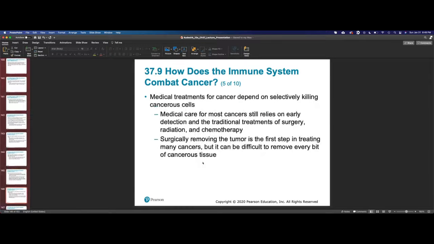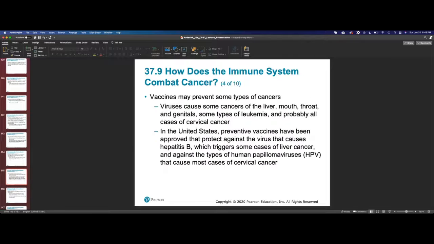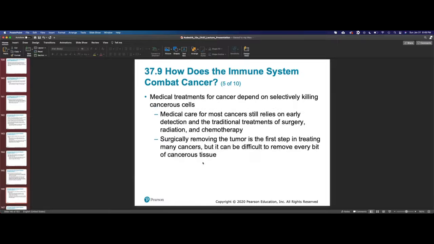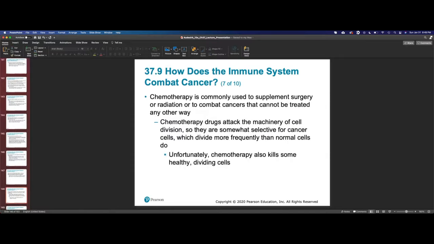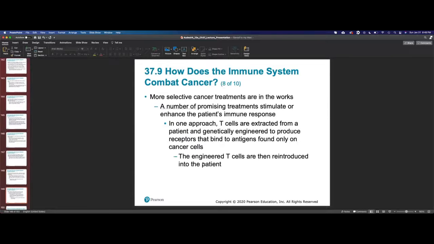So we won't talk too much about cancer other than the fact that it can be caused by damage to DNA in your cells and can also naturally arise due to errors in replication, and your immune system can sort of tidy up minor issues with just a few cells.